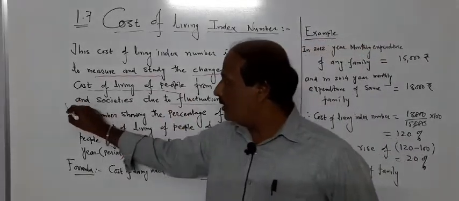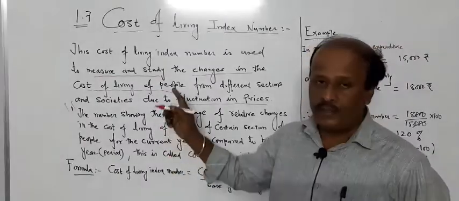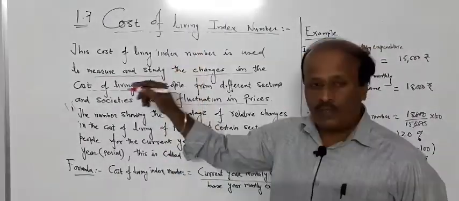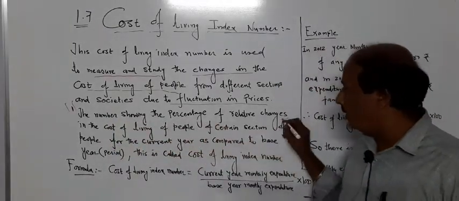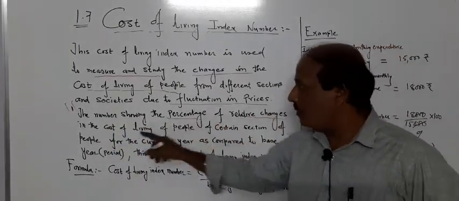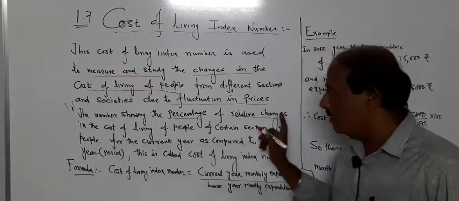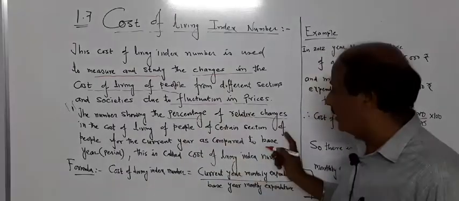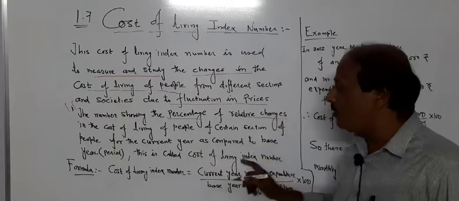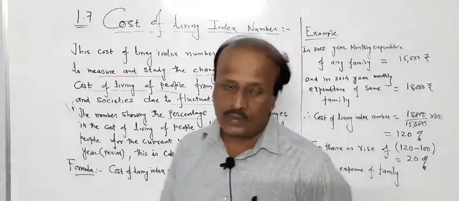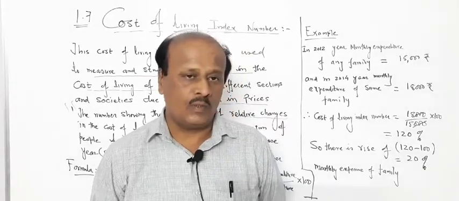Now one nice definition is given in your book. Suppose a 1 mark question comes; I saw theoretically many times they ask to define it for 1 mark. The number showing the percentage of relative changes in the cost of living of people of a certain section or society for the current year as compared to the base year. The base year can be a previous year also; it will be given in the question.